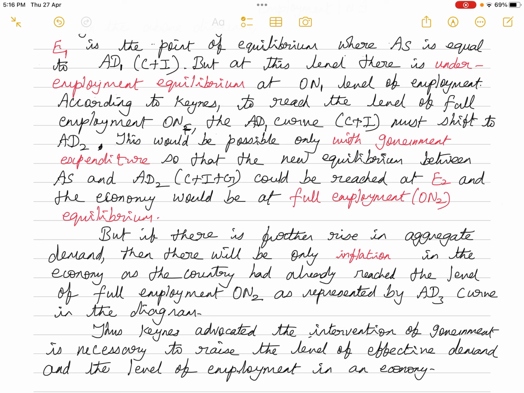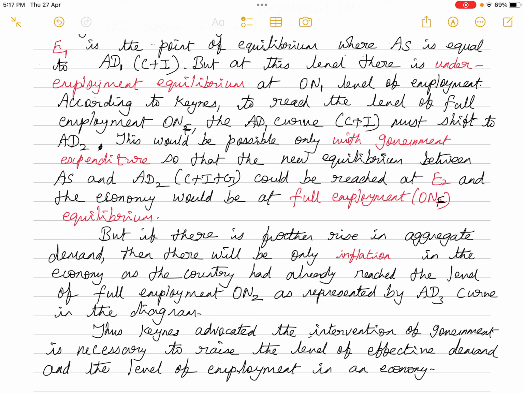This would be possible only with government expenditure, so that the new equilibrium between AS and AD2, that is C plus I plus G, could be reached at E2 and the economy would be at full employment. Again change it to ONF, not ON2. Because we already mentioned ONF in the diagram, it's better to mention the same thing in the words also. Whatever we are mentioning, it is better to use the same parameters.